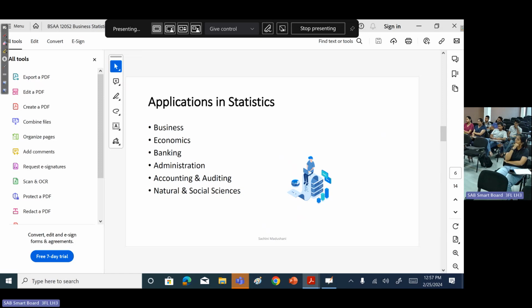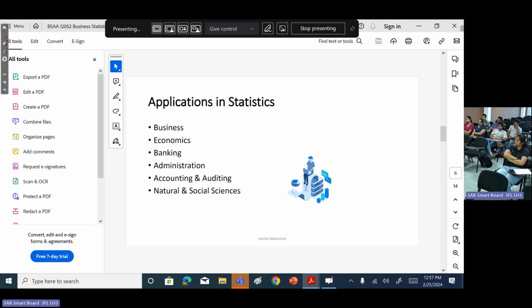There's always, in the auditing field, we take a sample. Based on the sample, we make a decision. Then what is the concept behind that? Statistics, inferential statistics. Understood?